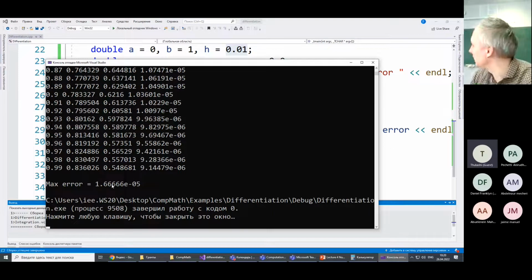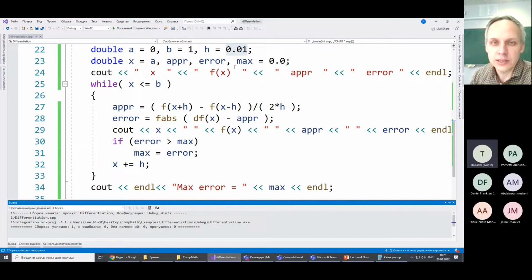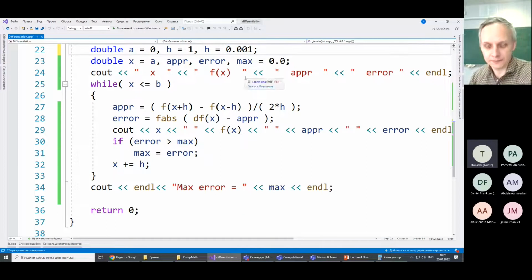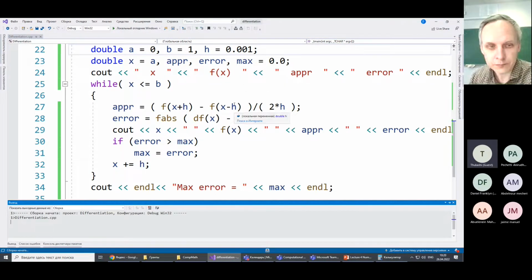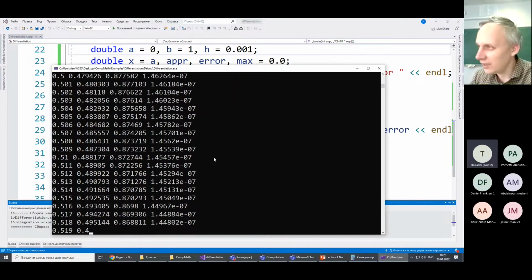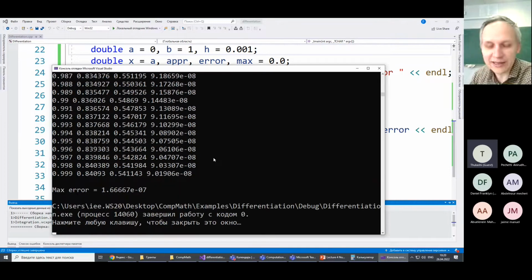The error becomes 10 to the power minus 5. The largest error, 10 to the power minus 5, is 100 times smaller than in the previous case. Let's decrease one more time. The error becomes 10 to the power minus 7. It also decreases 100 times.